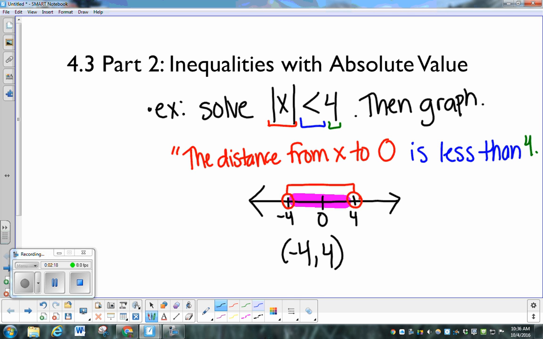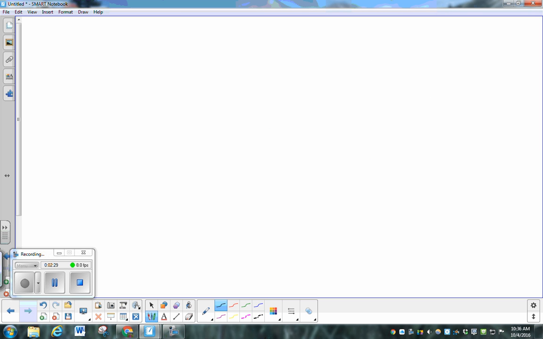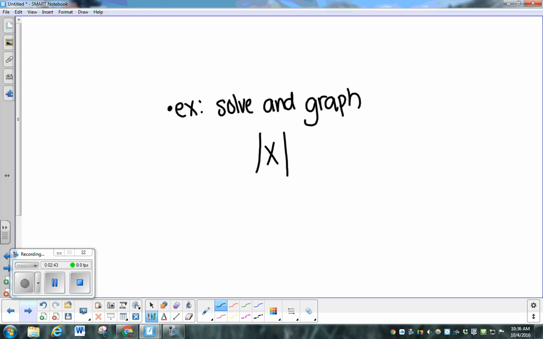Let's do another one now. We're going to talk about what if the absolute value, or the distance to 0, was greater than a number. So we're going to solve and graph the absolute value of x is greater than or equal to 4.